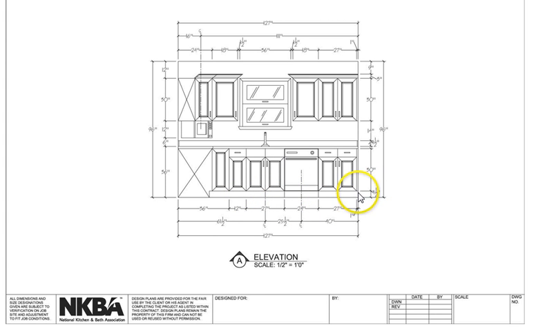You will also dimension the height for the toe kick, the cabinet, the countertop, and the backsplash, the distance between the backsplash and the upper or wall cabinets, the height of the wall cabinet, and then the crown molding, and then the distance from the crown molding to the ceiling. So you're basically dimensioning every little part of those cabinets.